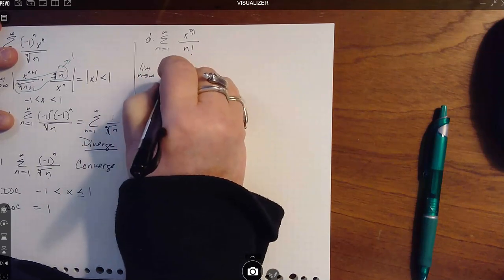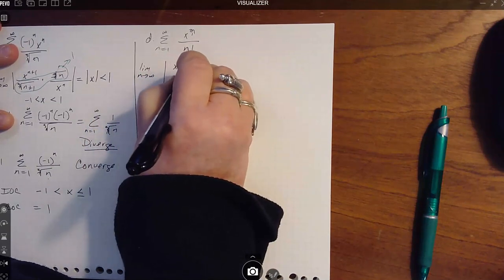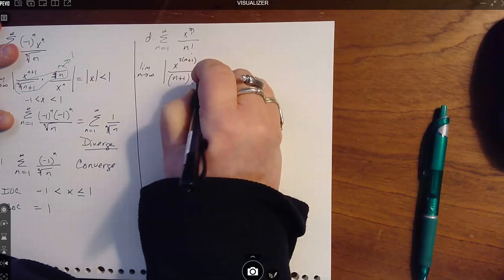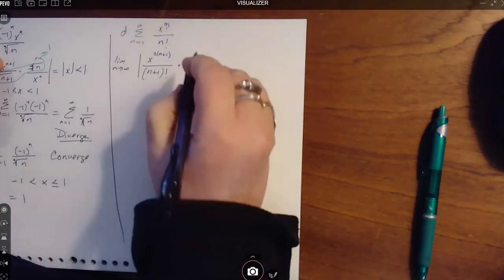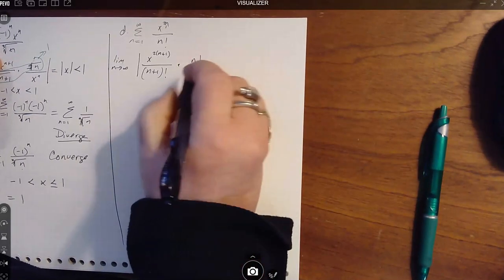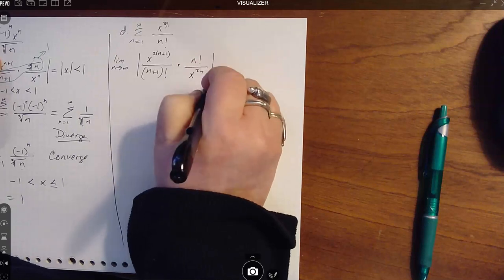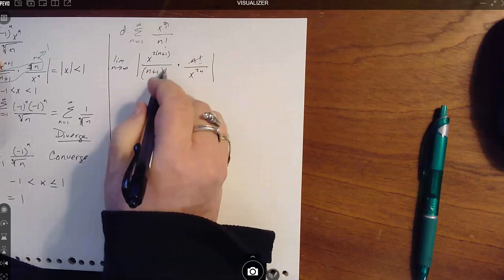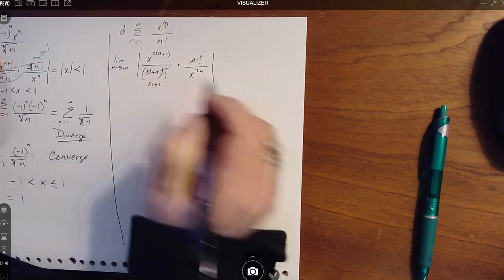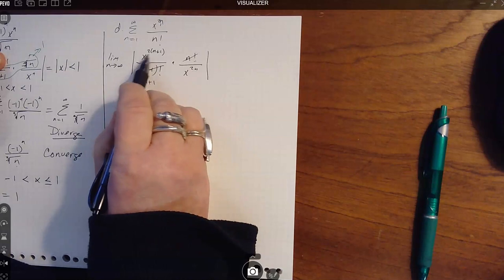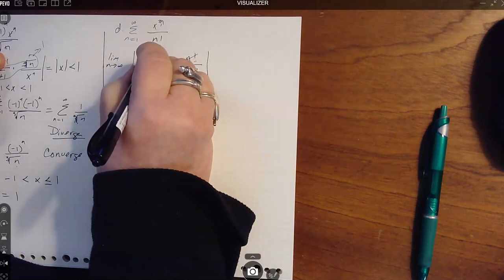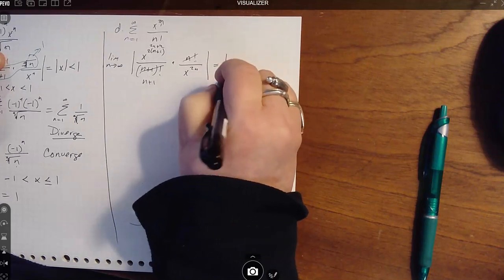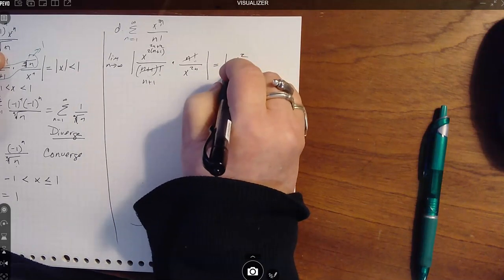I have x^(2(n+1)) over (n+1) factorial, multiplied by the reciprocal, n factorial over x^(2n). The n factorial on top and the (n+1) factorial will cancel and I'm left with an n+1 on the bottom. X^(2n+2) over x^(2n), so I'm left with x squared on top. X squared over n+1.